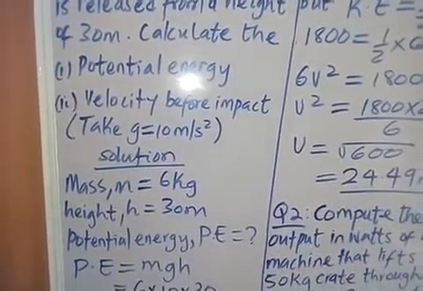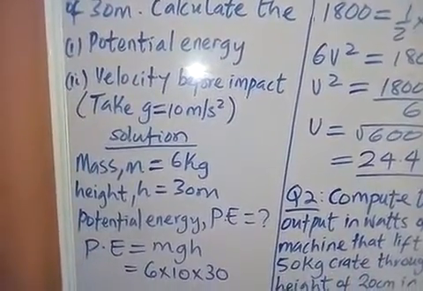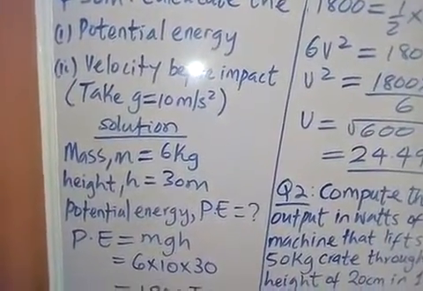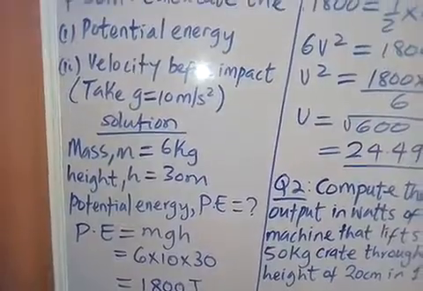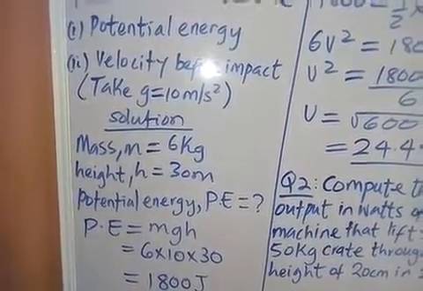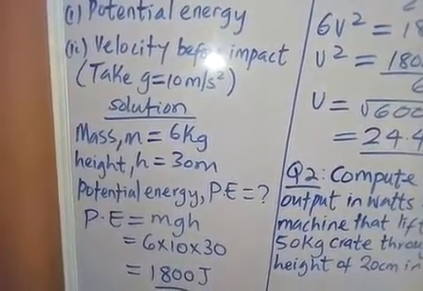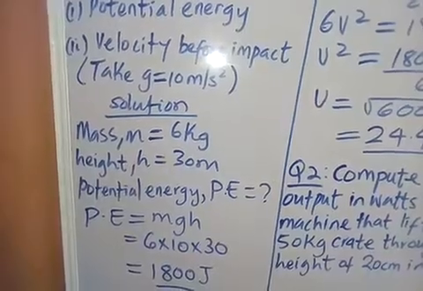Potential energy has the symbol PE in physics. And what is the basic formula for potential energy? Potential energy equals the product of the mass, acceleration of free fall due to gravity, and the height, meaning our PE equals mgh.